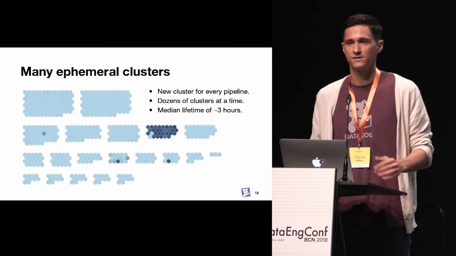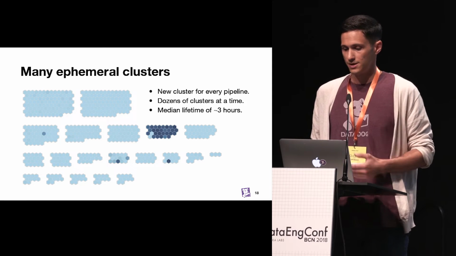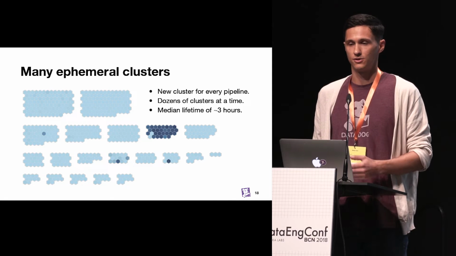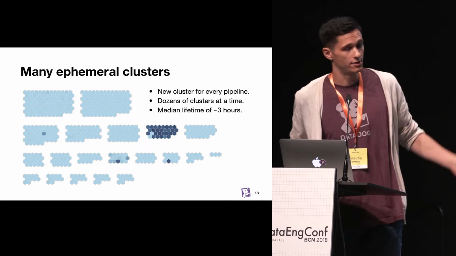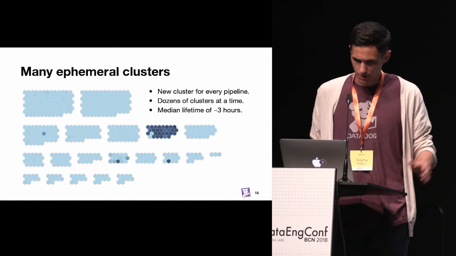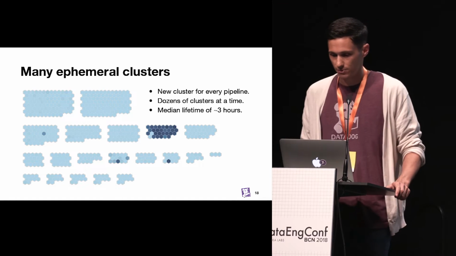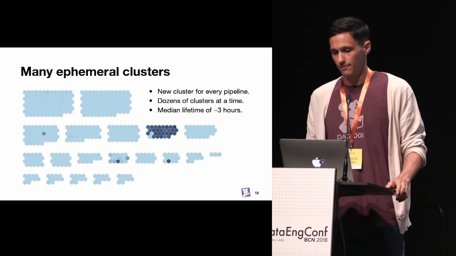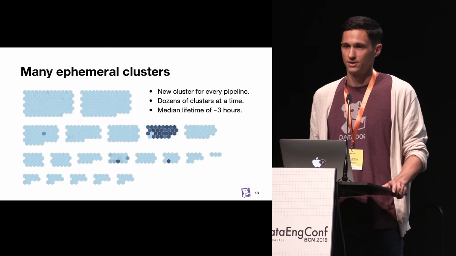We don't do that. What we do instead is that each pipeline is going to start its own cluster, it's going to run on it, and then when it's done, it's going to kill the cluster. So as a result, we have dozens of clusters that are running at a given point in time. This is a snapshot of the host map in Datadog, showing all the different clusters that we have. And each cluster is very short-lived. It has like a lifetime of about 3 hours on average.